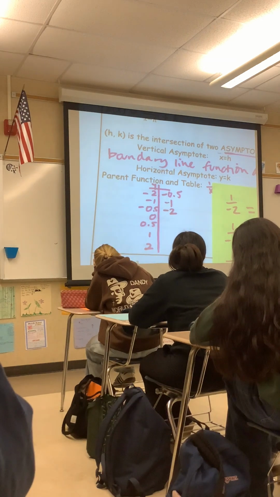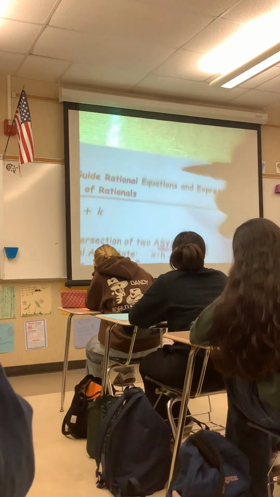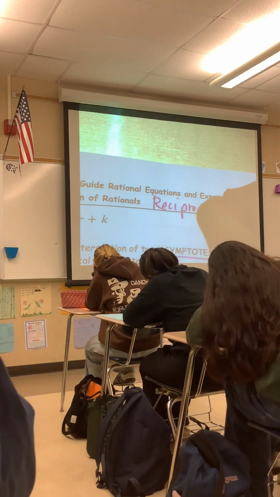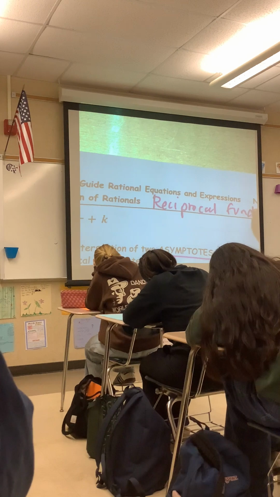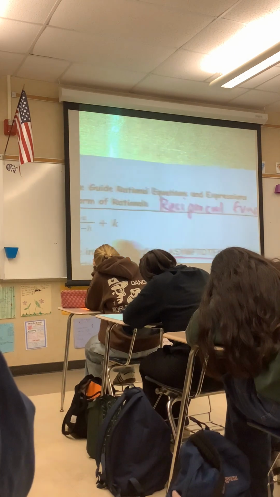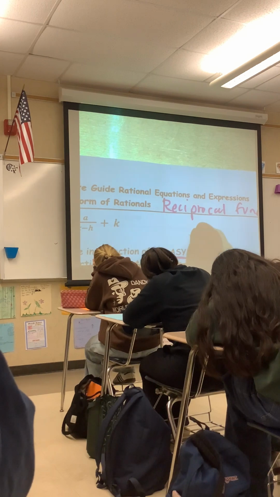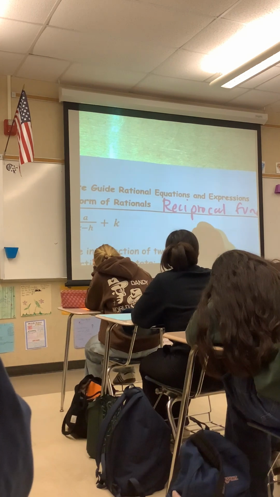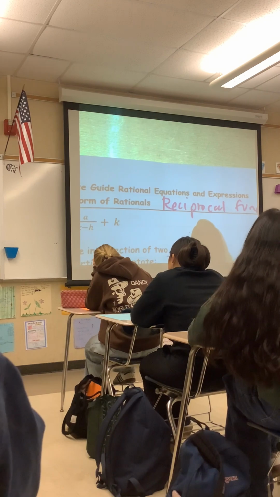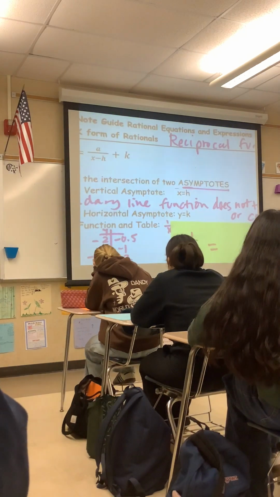And it switches. It's called the reciprocal function. And so if you see the word rational function or reciprocal function, those are going to be synonyms, just the same way that zeros, x-intercepts, roots are all synonyms.